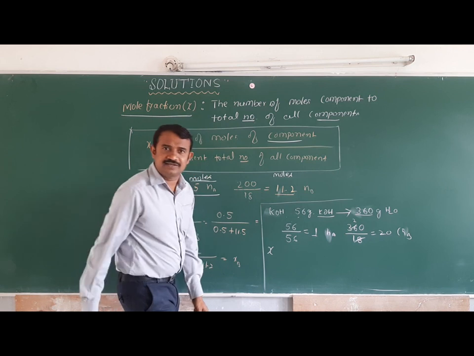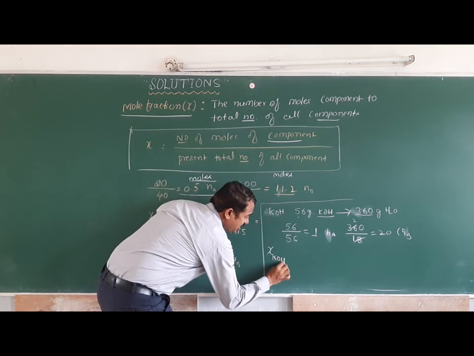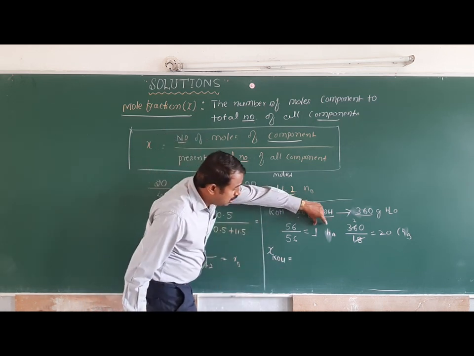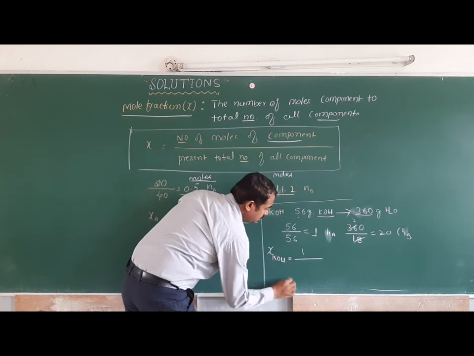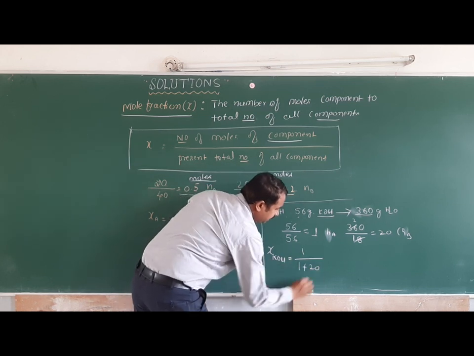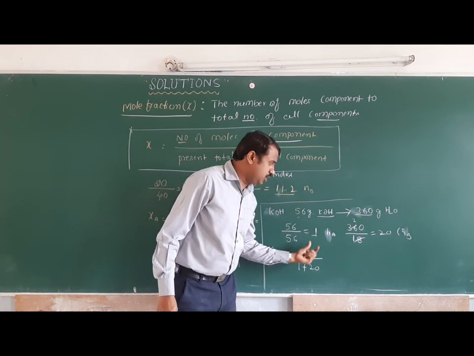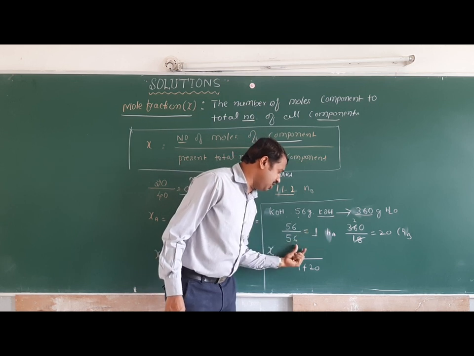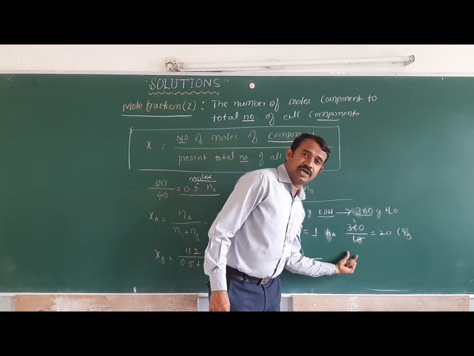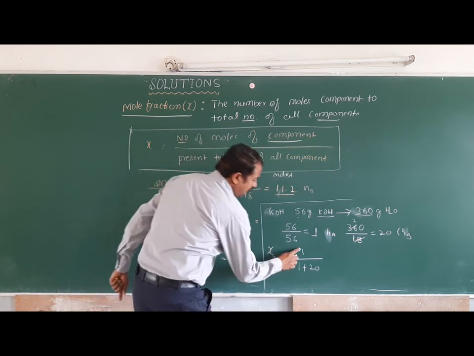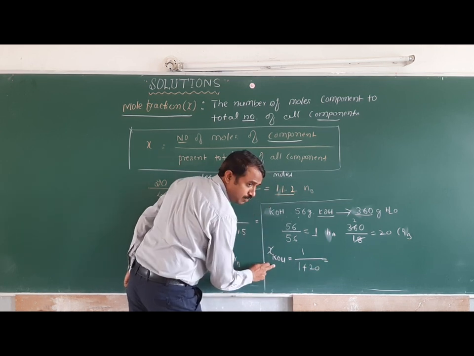Mole fraction symbol is X. X KOH equals moles A divided by moles A plus moles B, that is 1 divided by 1 plus 20, which gives the mole fraction of potassium hydroxide.